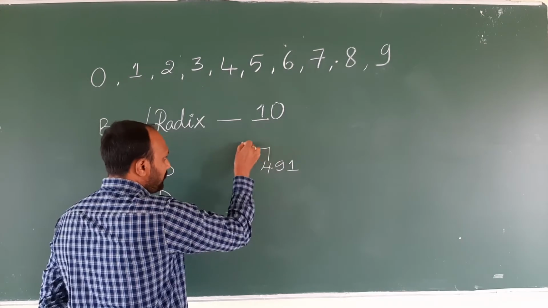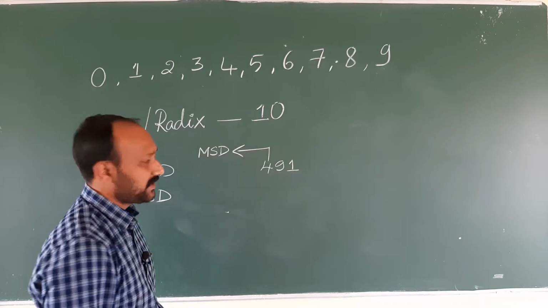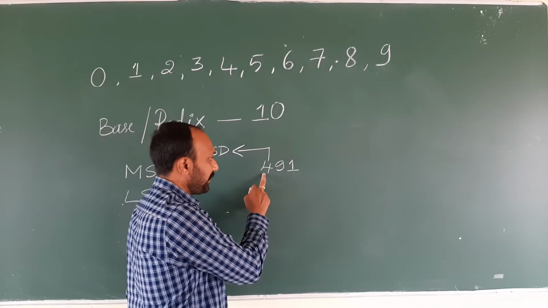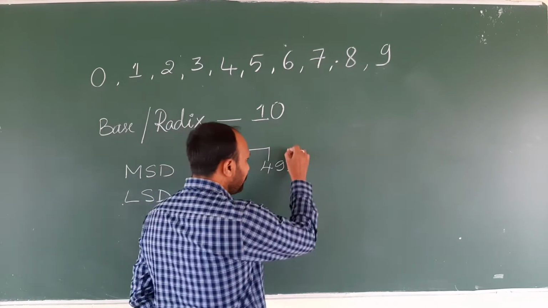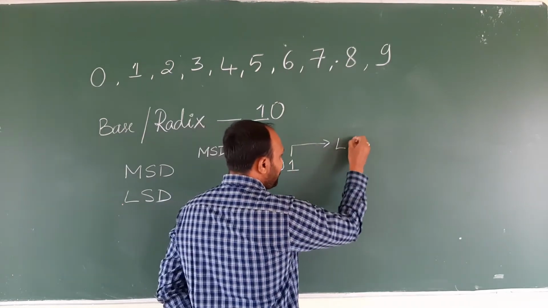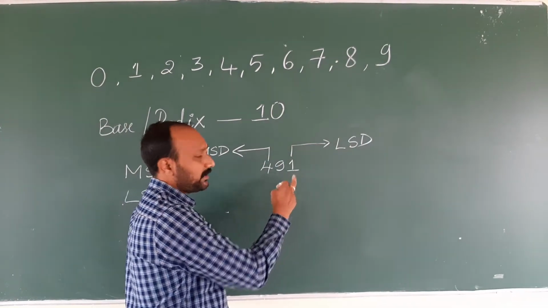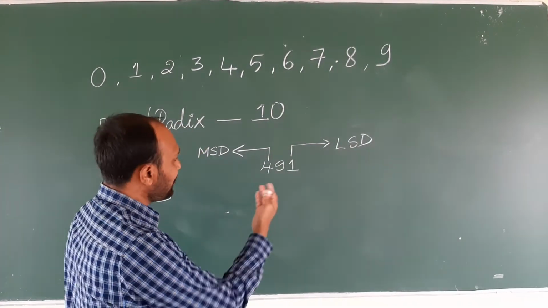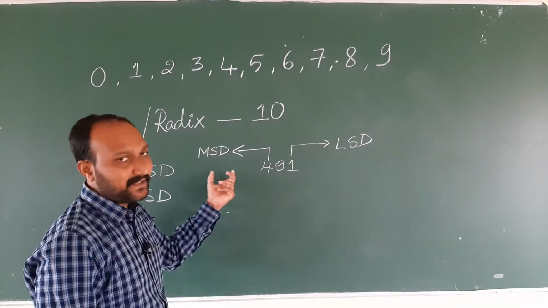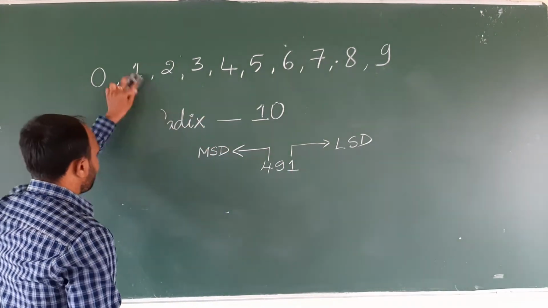The leftmost digit is referred to as the MSD. The most significant digit carries the highest value. 4 here means 400. What is the place value of 4? 400. And the rightmost digit, that is 1, is the least significant digit. It has the least value, representing the units place. So, always while working with a decimal number, we also consider MSD and LSD. I hope you have understood what decimal number system is.